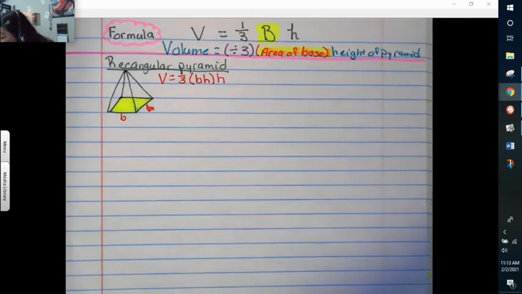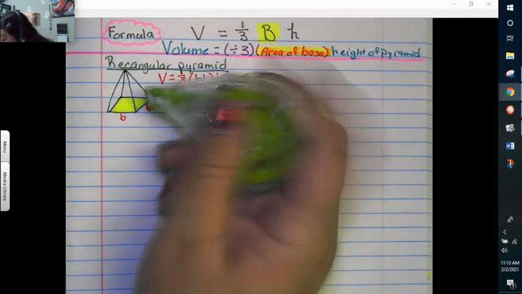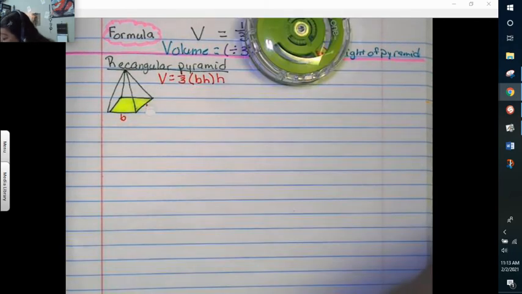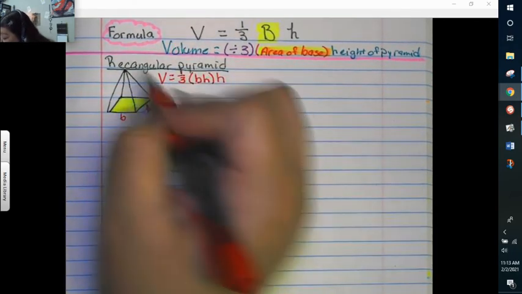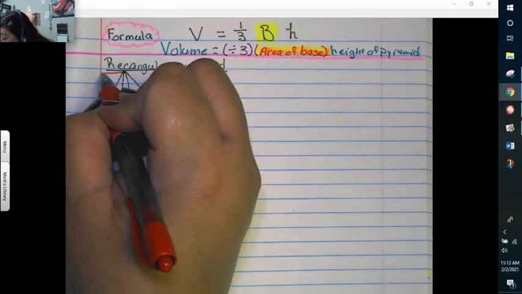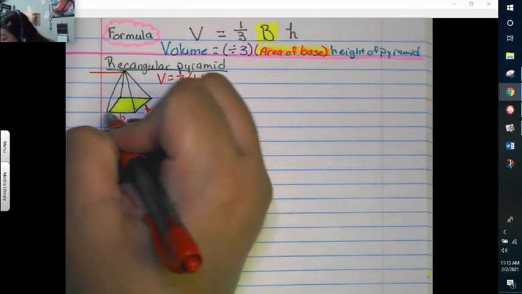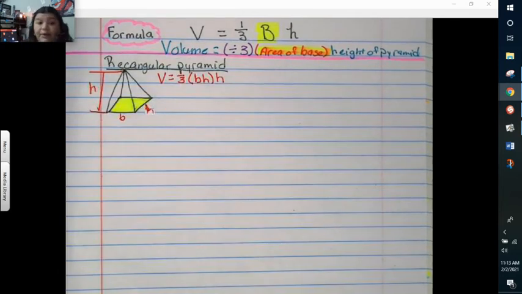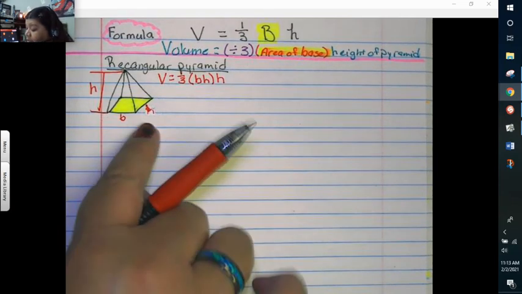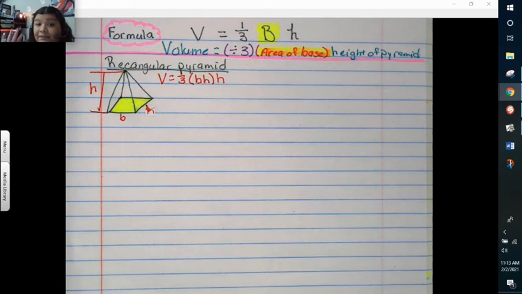Base times height, okay? And then the height of the actual pyramid is how tall it is from way up here to way down there, okay? That's the height there, okay? So that is our rectangular pyramid. So you're just going to be doing base times height, divided by 3, okay? All right.